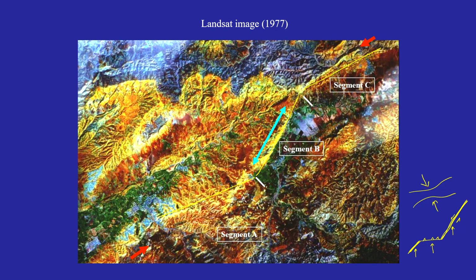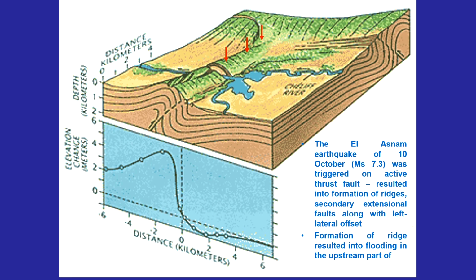So they were able to see that in different segments they observed a different pattern of deformation, but overall the deformation was on a thrust fault. Okay. So this was the earthquake of Al Asnam, and the magnitude was 7.3.